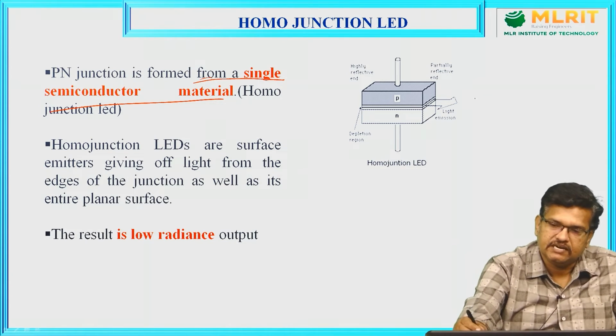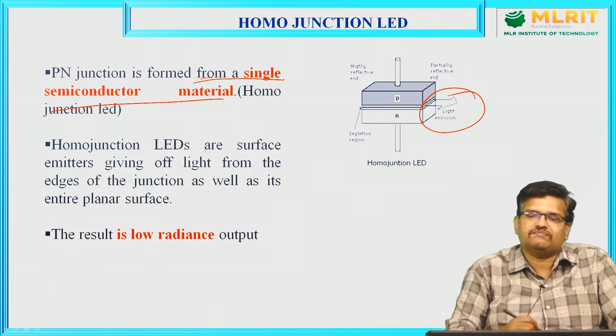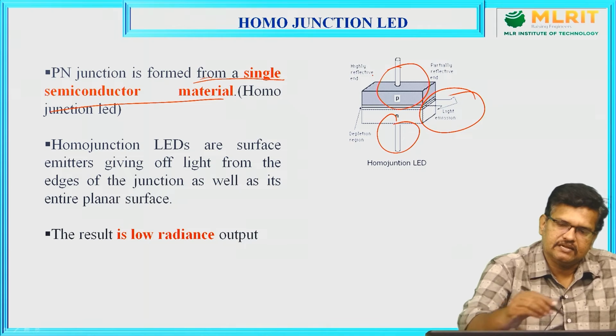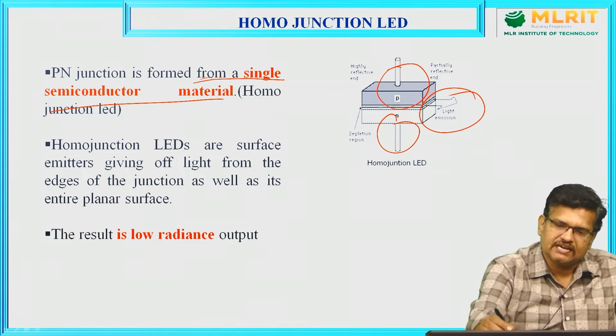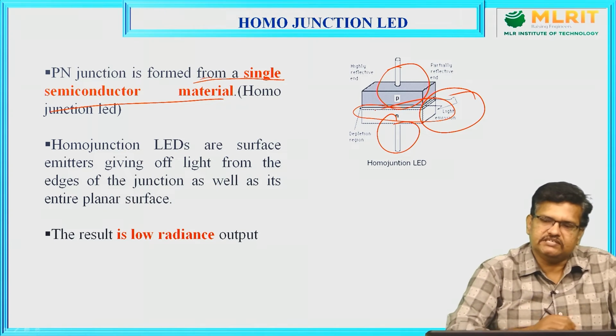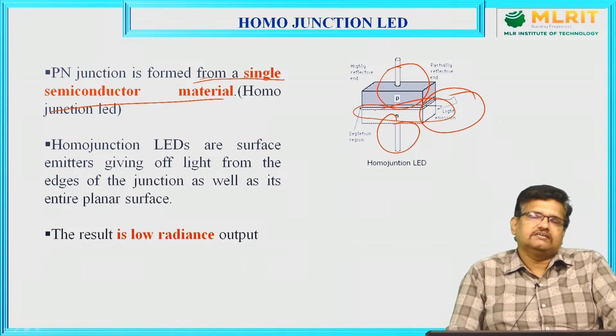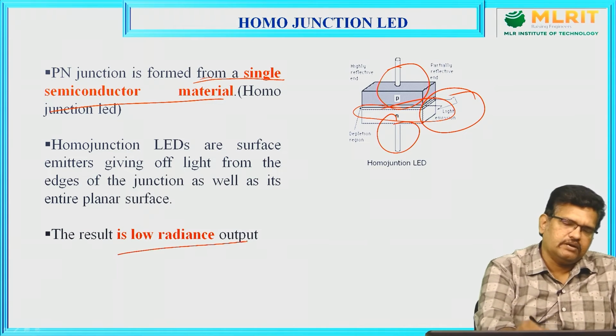We know that here is the n-type material, here the p-type material, so this is a sandwich, and at this junction the light can be emitted out.